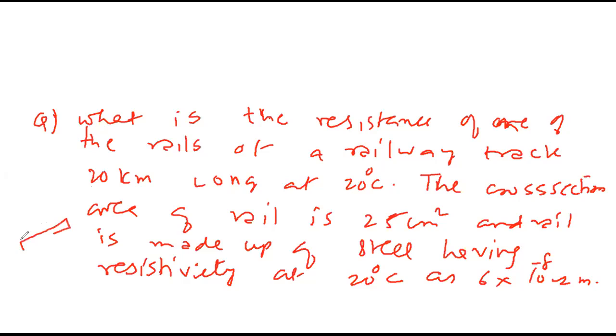That means if this is one railway track, 20 kilometer, this is its area and specific resistance given, we want R. Can I clear this again? What is resistance means R we have to find. Length is given 20 kilometer, which is 20 into 10 raised to 3 meter.